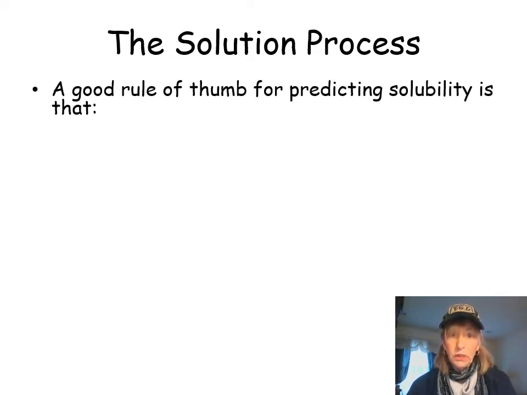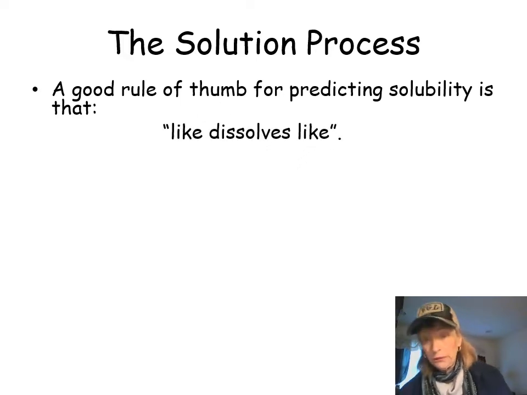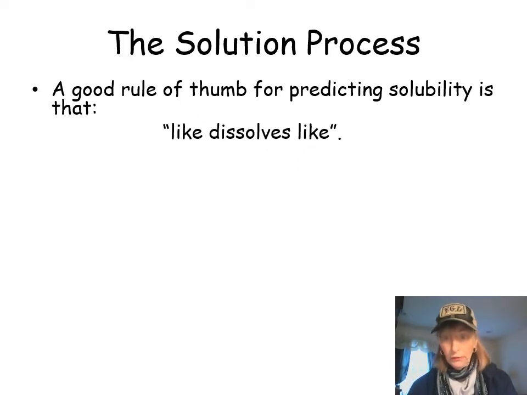All right, so keeping those in mind, let's continue with the solution process. A good rule of thumb for predicting whether or not something's going to dissolve is like dissolves like. And you may have heard of this before.